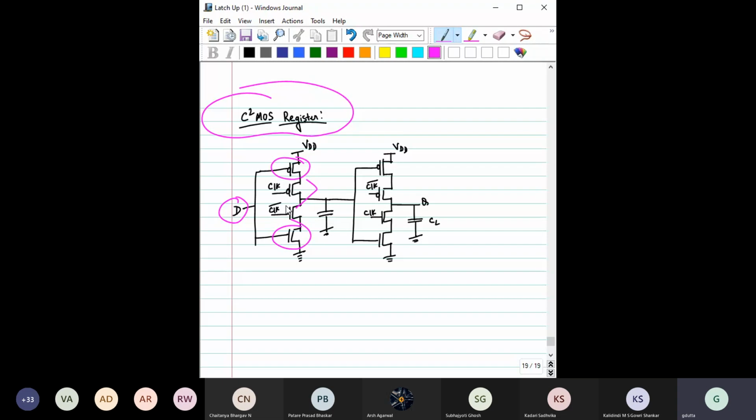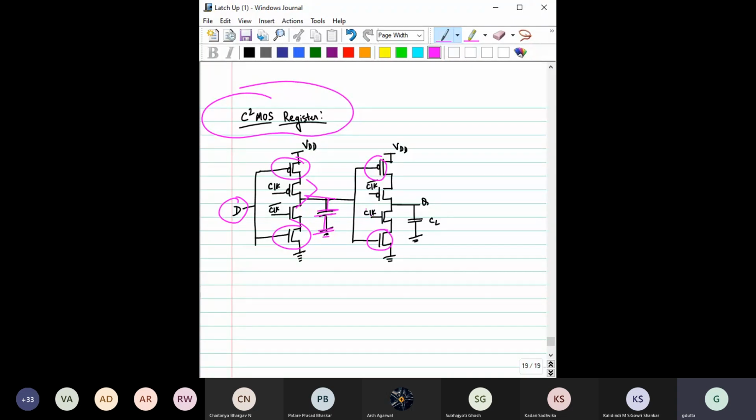There, the clock gated input was on the outside and the logic was on the inside. Here it is the opposite way: the logic D is outside and the clock gated inputs are inside. Here you can see the intermediate capacitor, which is the parasitic capacitor of this and this, and you have this clock bar and this clock bar.